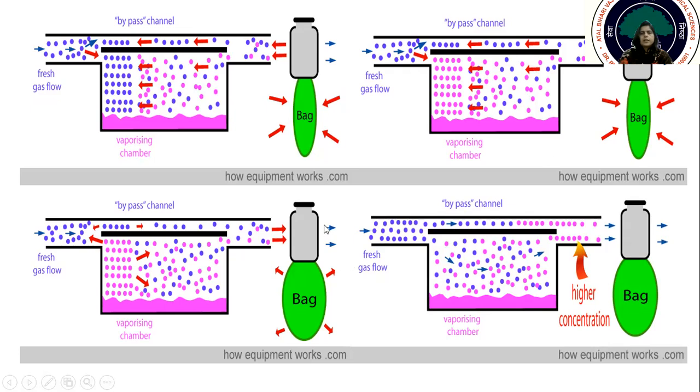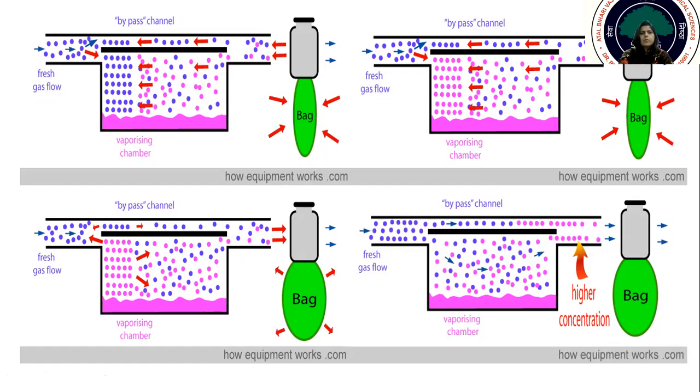Once the pressure is released, the patient expires or the pressure is released, what will happen? These molecules, which are fully saturated, either will come here to the outlet, but they also go inside the bypass chamber through the inlet. Why? Because the resistance of the bypass chamber is lesser.